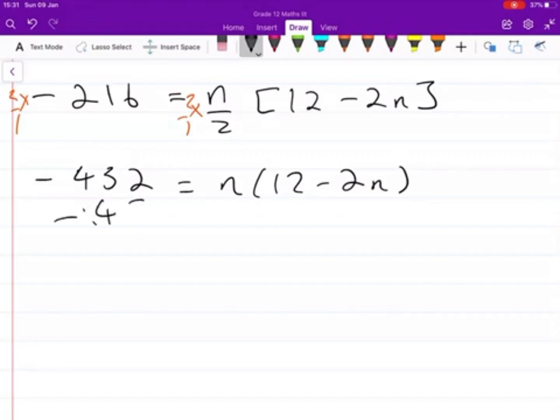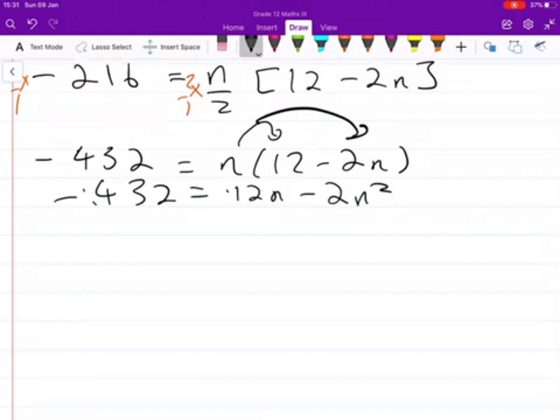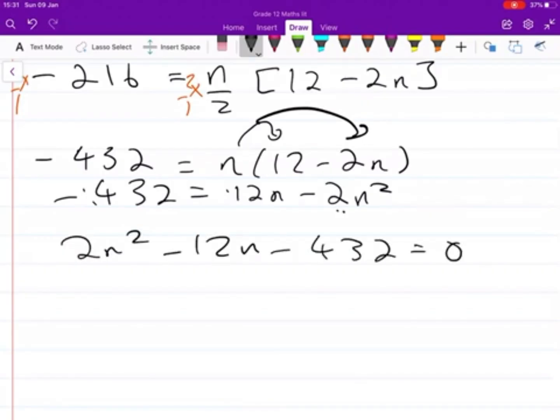When you multiply that, you get 12n and negative 2n squared. We can bring everything to the other side just for us to have n squared positive. So this is 2n squared minus 12n minus 432 equals 0.